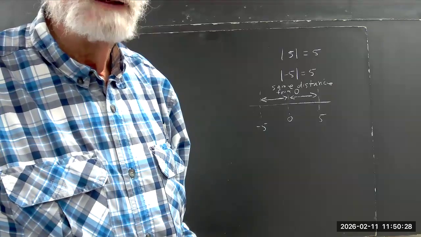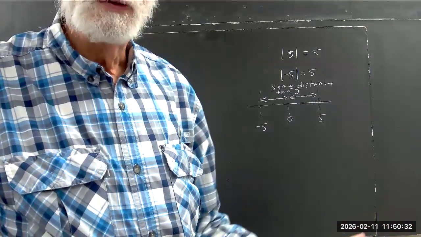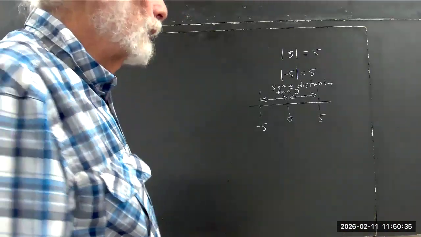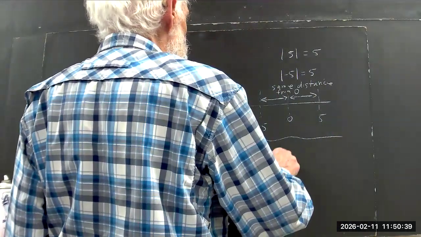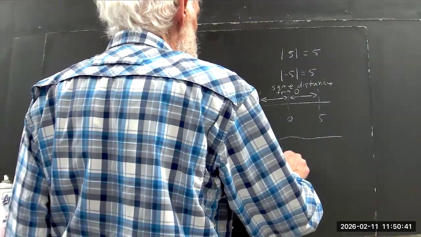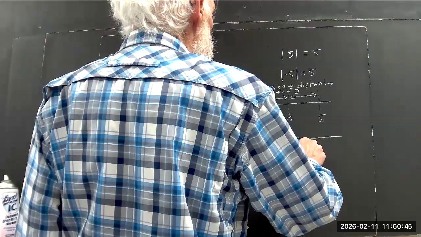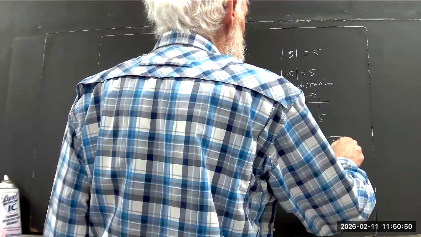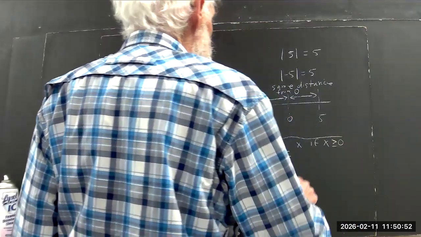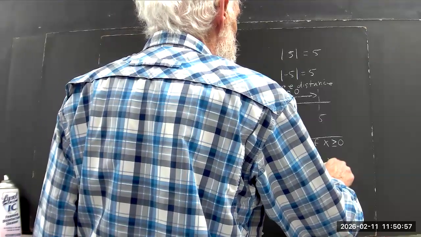So the absolute value of a quantity is its distance from 0. It's one way to think of it, and that can be a profitable way to think about it. Another way of saying it is the absolute value of x equals x if x is greater than or equal to 0, and it's equal to negative x if x is less than 0.